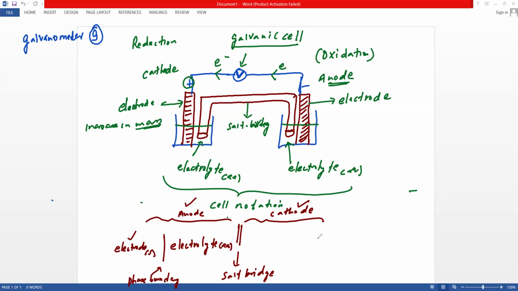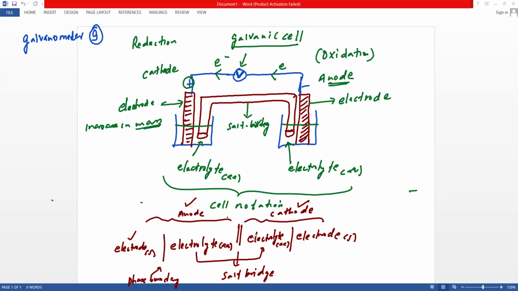Then on this side, we also have a phase boundary, but we start with an electrolyte, then followed by an electrode. So the electrolyte should be inward and the electrode outward. So always we start with the anode, salt bridge, and cathode.